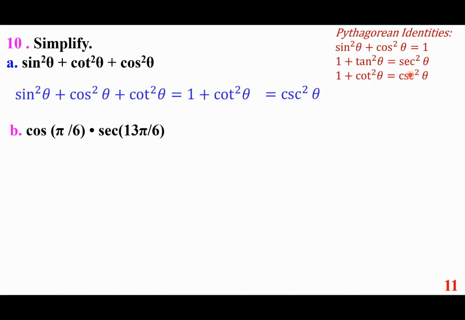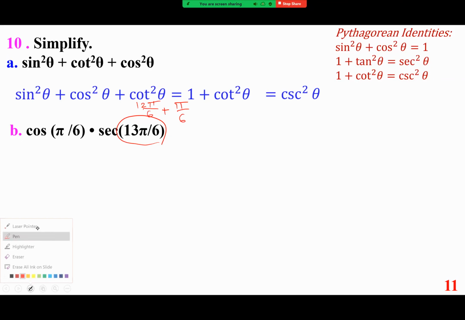Well, this is cosine, this is secant, and notice this number is 12 pi over 6 plus pi over 6, and 12 pi over 6 is a 2 pi.